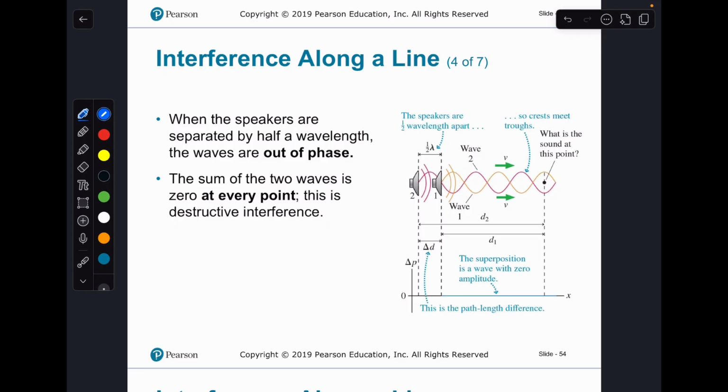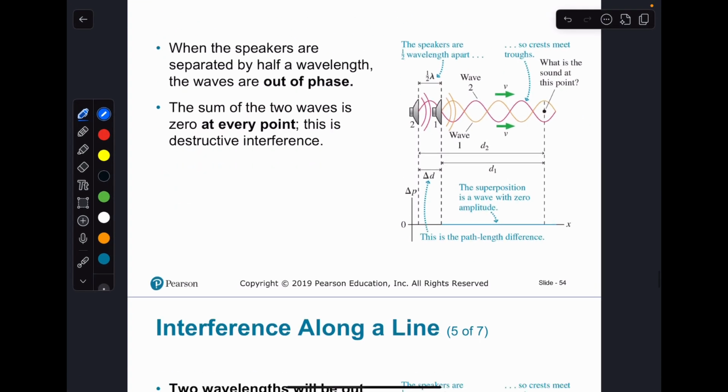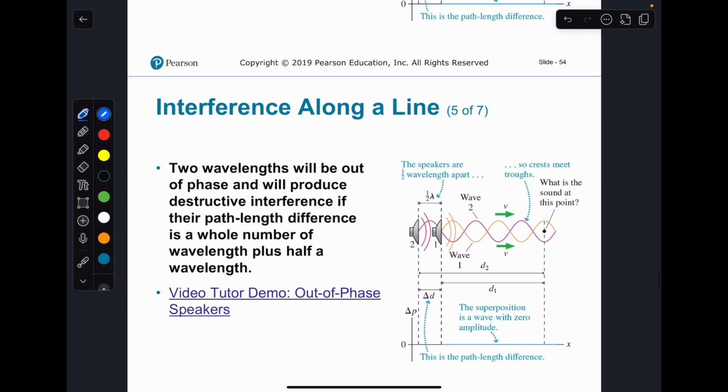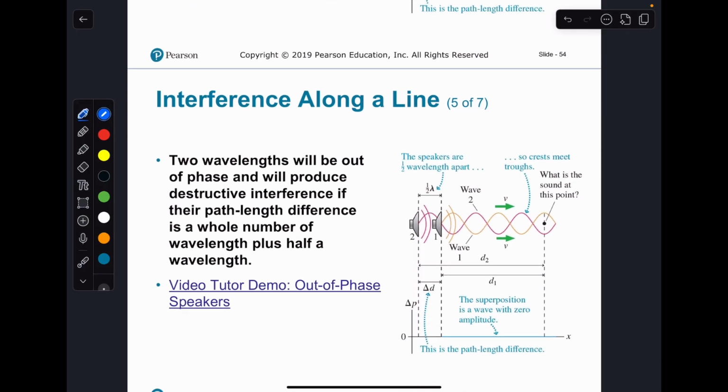Those waves are out of phase, and you will get destructive interference. And that occurs when the path length difference is equal to an integer plus a half number of wavelengths. So these are the conditions that produce constructive and destructive interference.